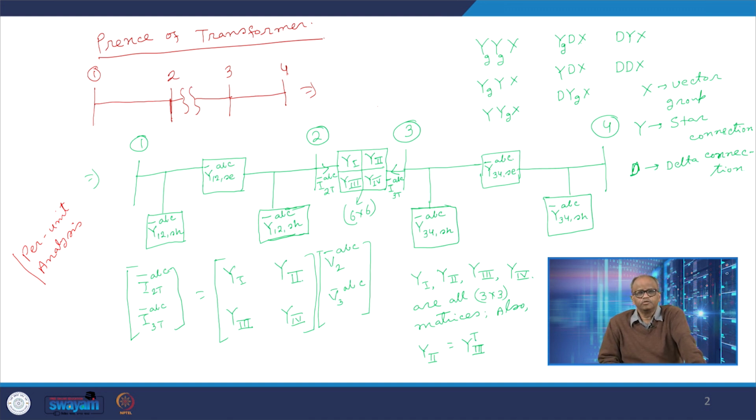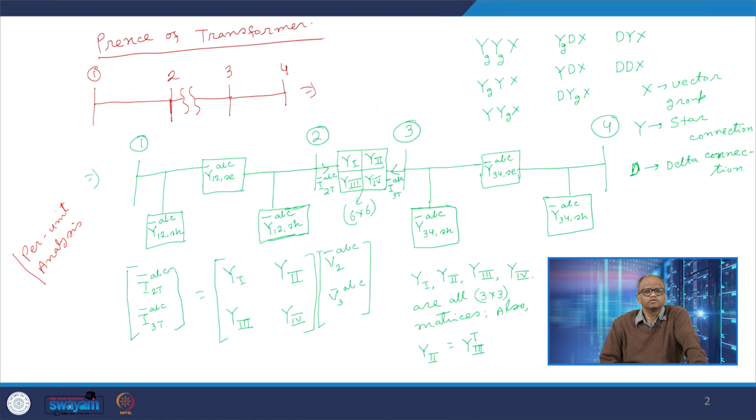Similarly, the line between bus 3 and 4 is also modeled, and the transformer between bus 2 and 3 is modeled by a 6 cross 6 admittance matrix, and we have already seen how to derive those admittance matrices for different types of connections as well as the different vector groups.